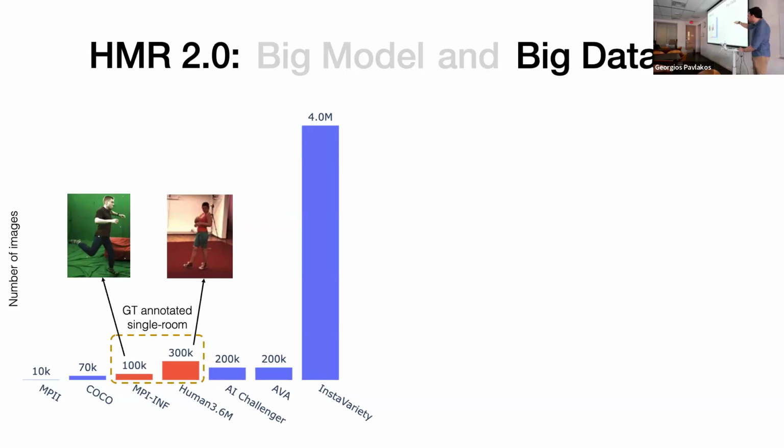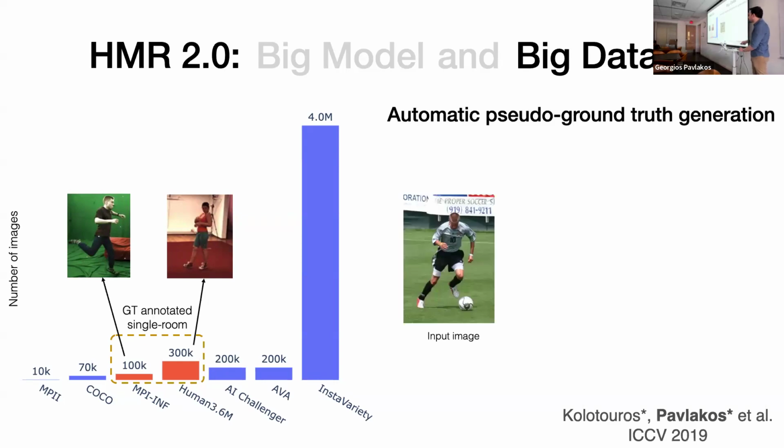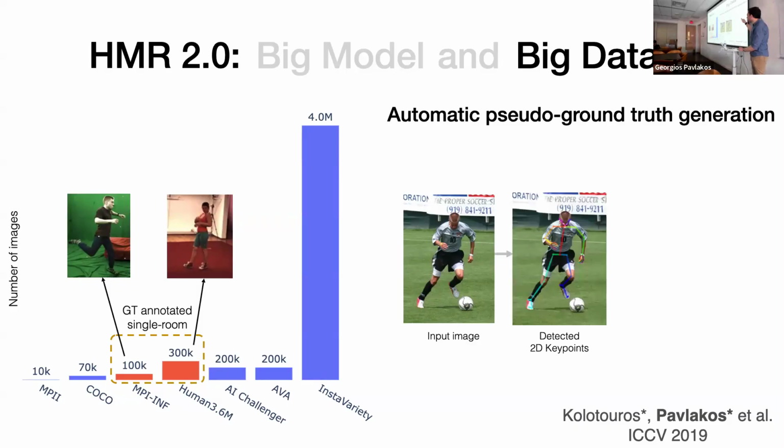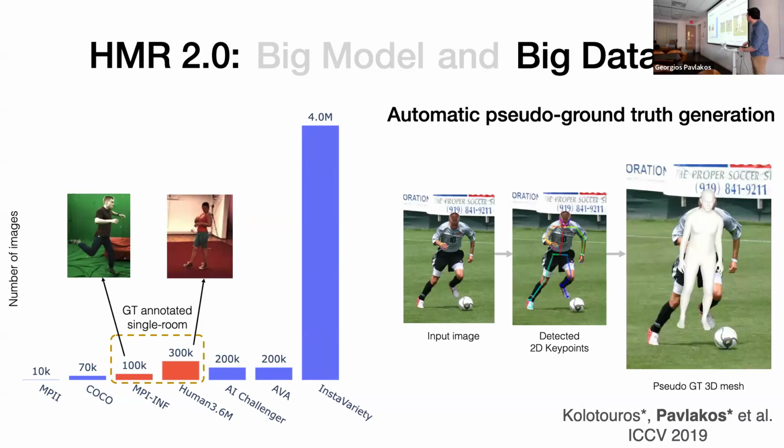Those do not come with 3D ground truth, so we use this pseudo ground truth generation procedure, where we start from an image, get an estimate of the pose of the person, and then try to fit it to the 2D key points so that we get better 3D ground truth. So all the best practices for this task, just to see how far we can go.